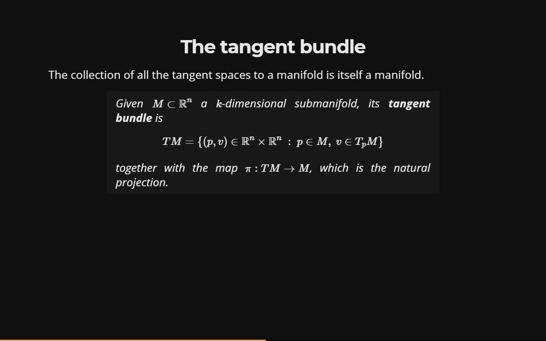The preimages of this function are the tangent spaces. So pi to the minus 1 of a point in M is the tangent space at that point to M.